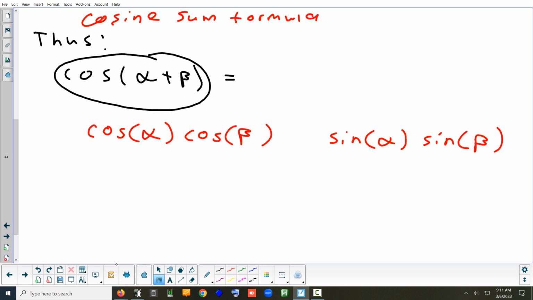But the symbol that you put between the cosines and sines is the opposite of the one that you had right there. Well, at least it's the opposite when we're dealing with cosine. When we deal with sine, it's a little different. But there's your cosine sum formula.